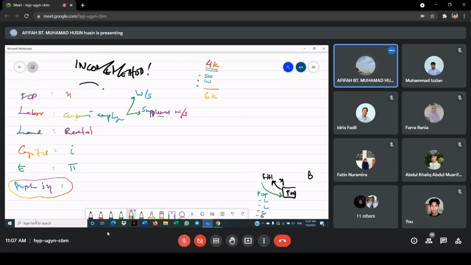Apa lagi? Mileage, claim mileage 1,000. Health benefit. You tambahlah semua supplement. Health benefit ni maknanya benefit lah kalau you bekerja dengan company tu. Boleh tak kelas? Okay, this is a supplement.